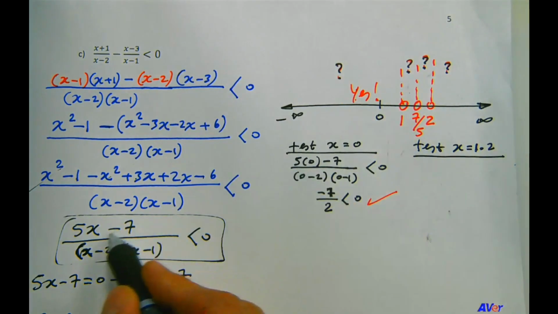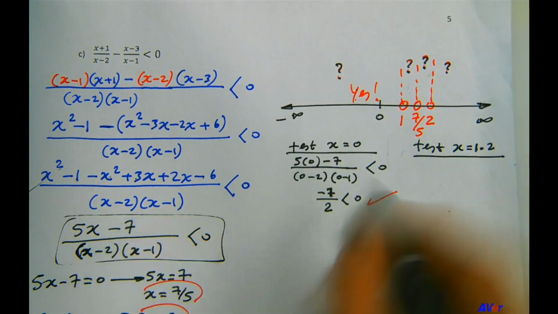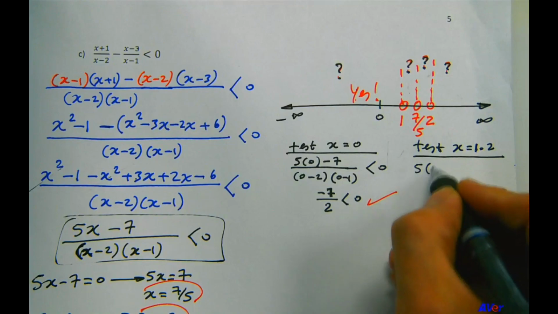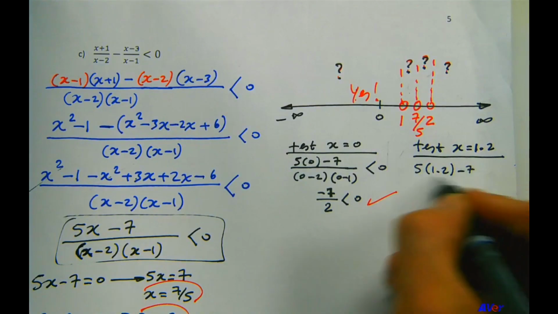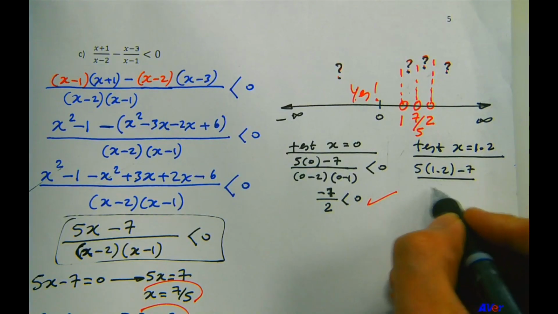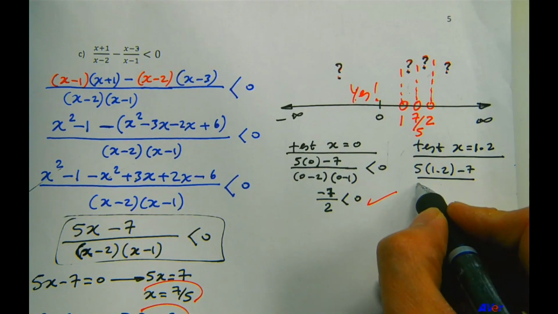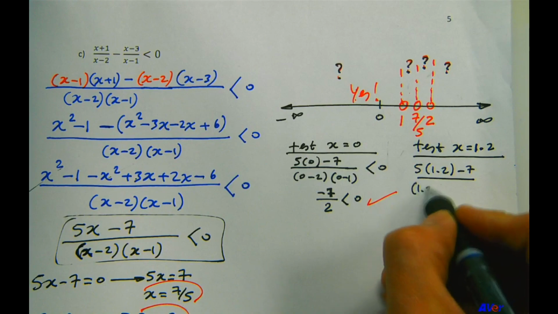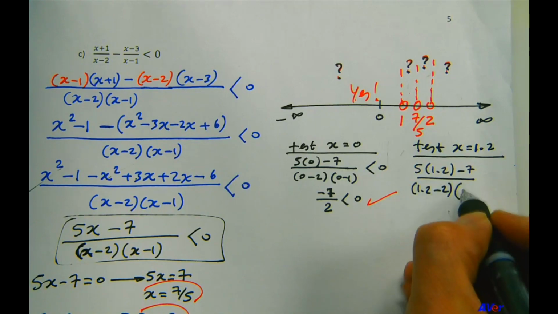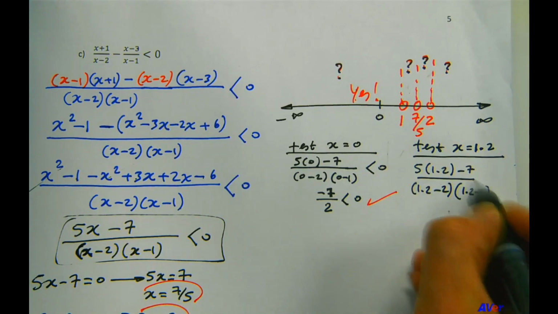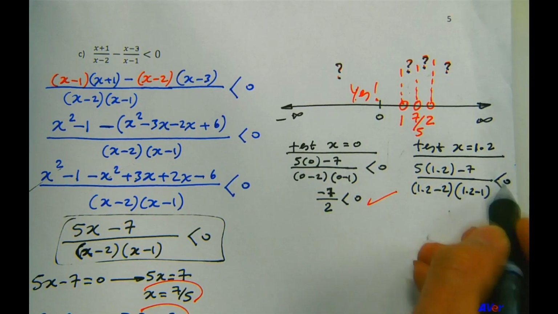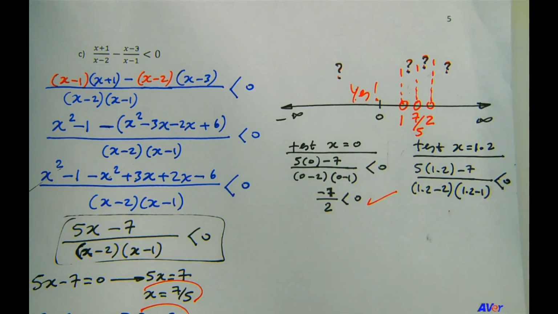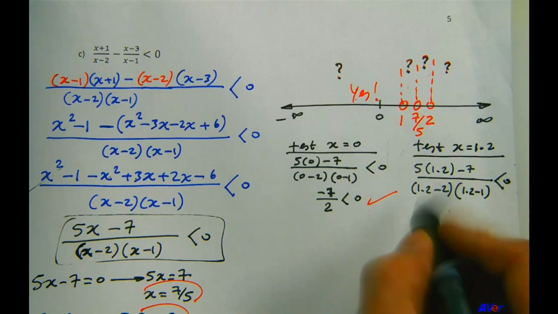Plugging into this inequality here, we have 5 times 1.2 minus 7 divided by 1.2 minus 2 times 1.2 minus 1, and we want to know if that side is less than 0, right?